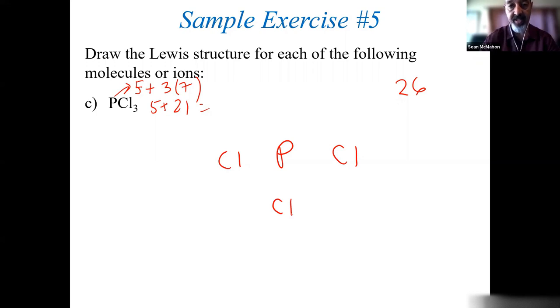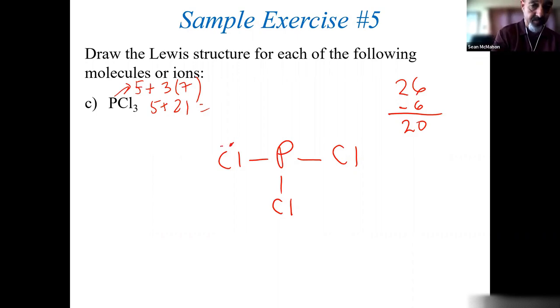What do I need to do now that I've determined the central atom and total valence electrons? I have to form single bonds. How many bonds do I need? 3. 2 electrons per bond, 3 times 2, subtract 6, I have 20 valence electrons. Now with the remaining ones, first satisfy octets of the outer atoms. That means each chlorine would need 6 more to have an octet because they already have 1 bond. Where am I going to get the 6 more? Lone pairs. 2, 4, 6.